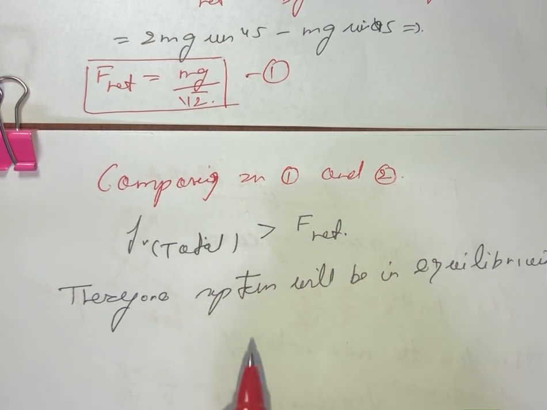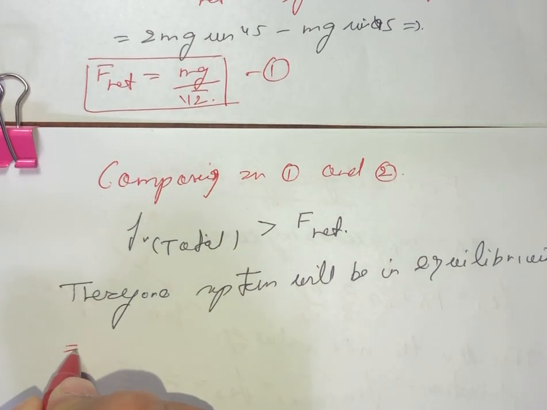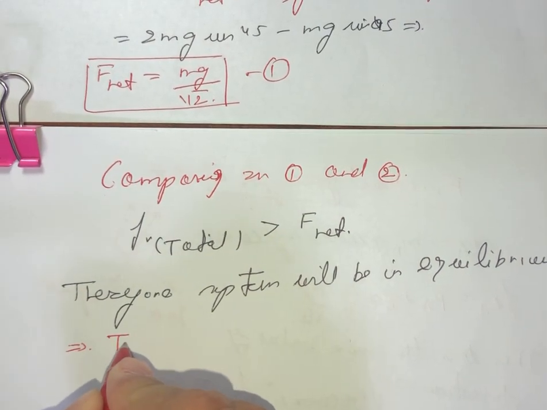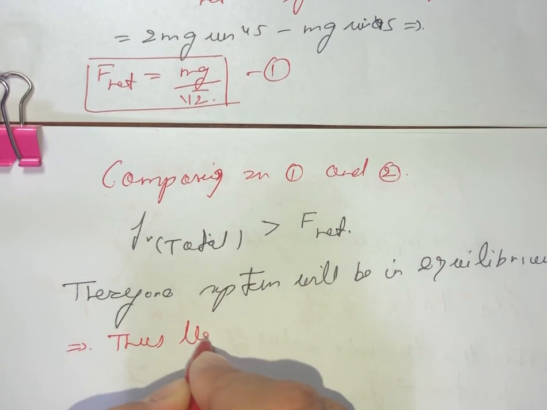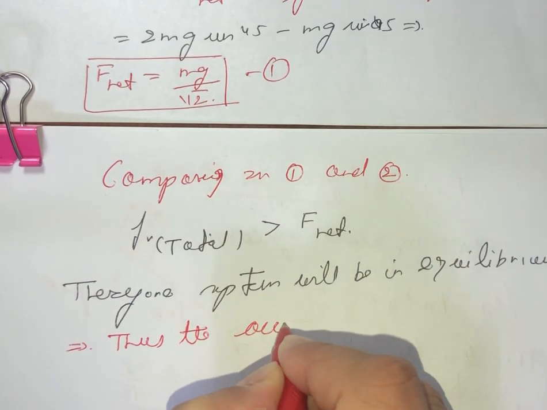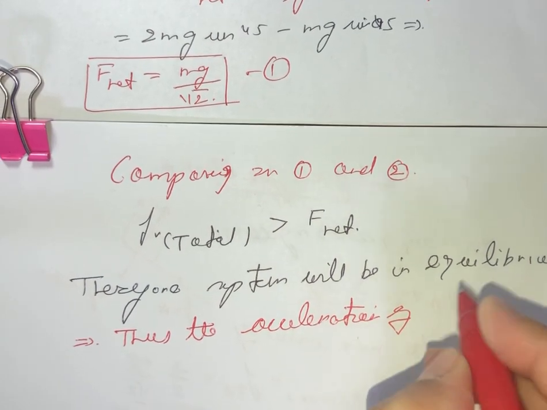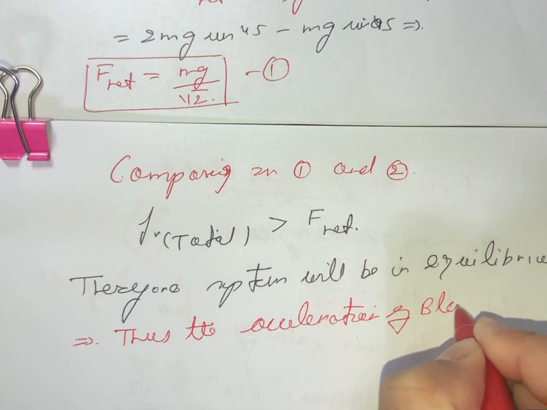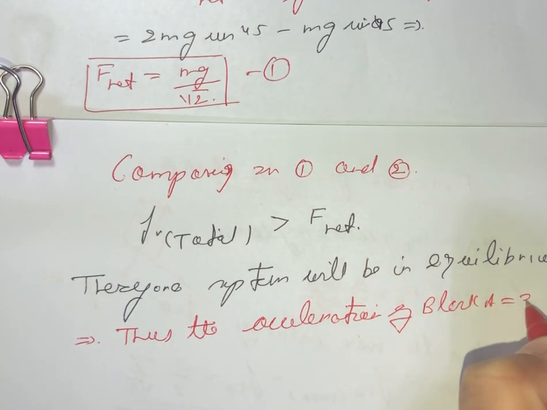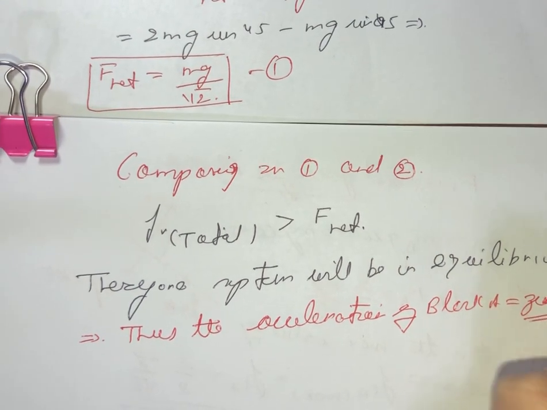So the acceleration of A will be 0. Thus the acceleration of block A will be 0.